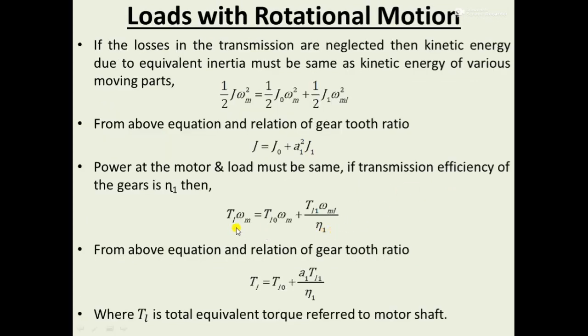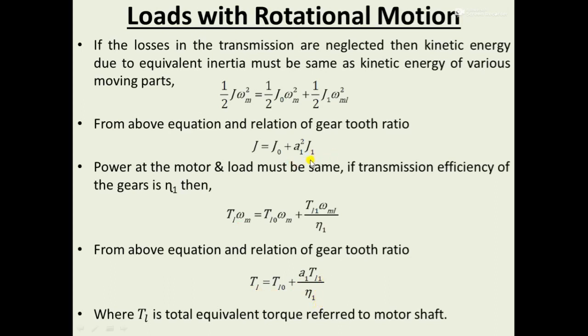So by equating the power delivered by the motor and the power which is received at the load sides, we will get the relation as TL into omega m is equal to TL0 into omega m plus TL1 into omega m1 divided by nu 1. This is actually the transmission efficiency of the gear system. Further dividing this whole relation by omega m, we can simplify this into standard form as TL is equal to TL0 plus A1 TL1 divided by nu 1.